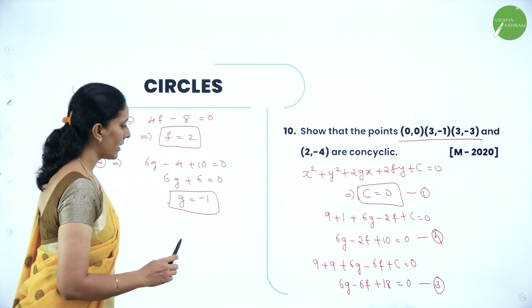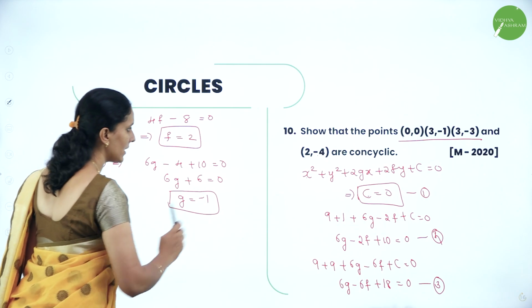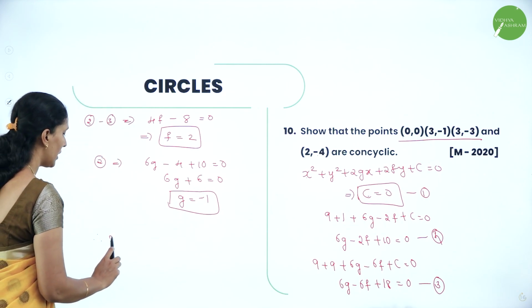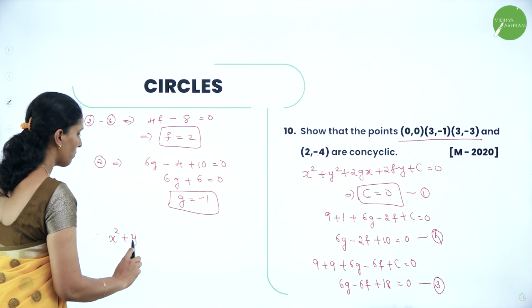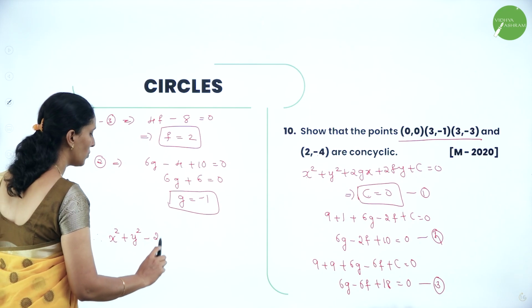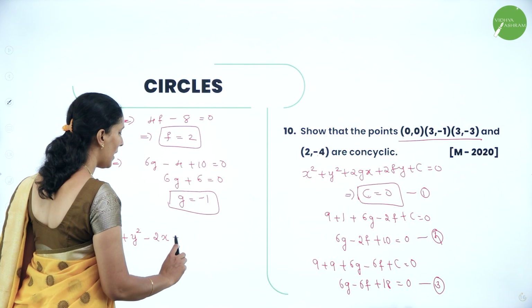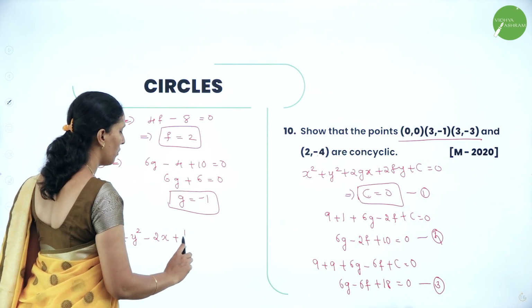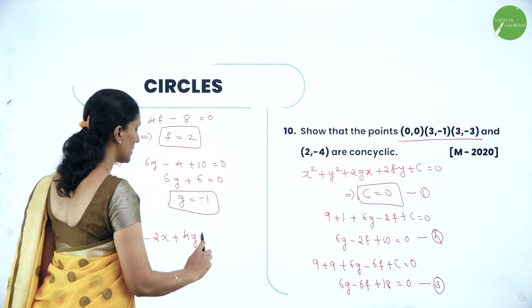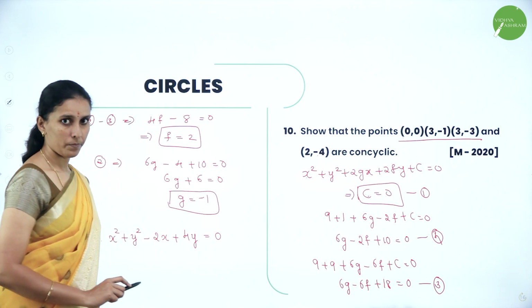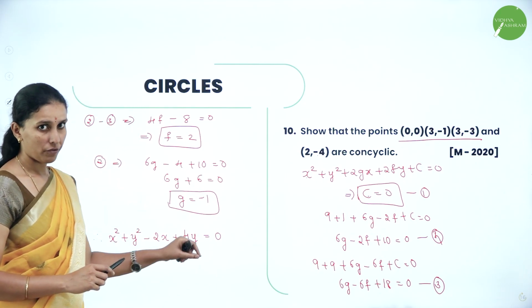Now let's see the standard equation. We have g, f and c. Substituting, we get x square plus y square minus 2, g is minus 1, so we'll get minus 2x plus 2fy, 4y, c value is 0, so therefore is equal to 0. Now this is the required equation of the circle.